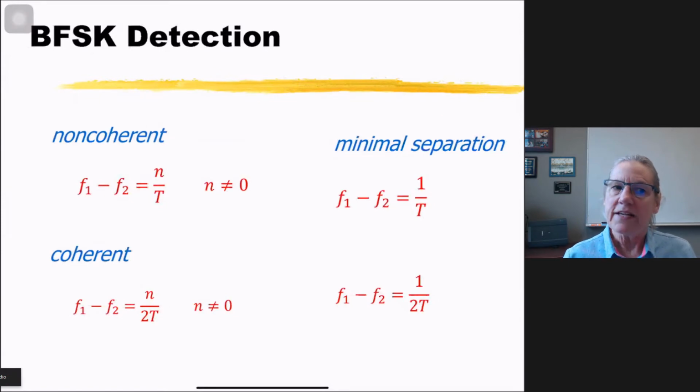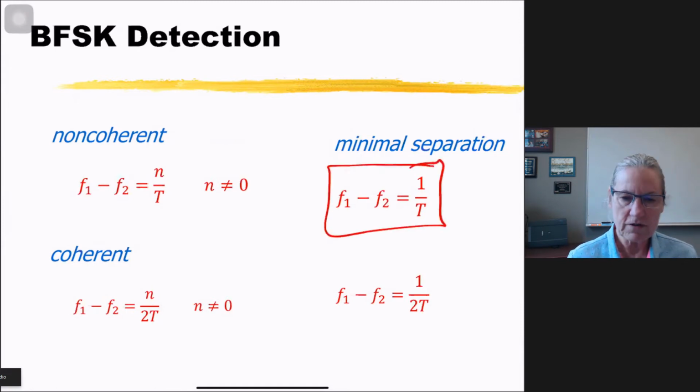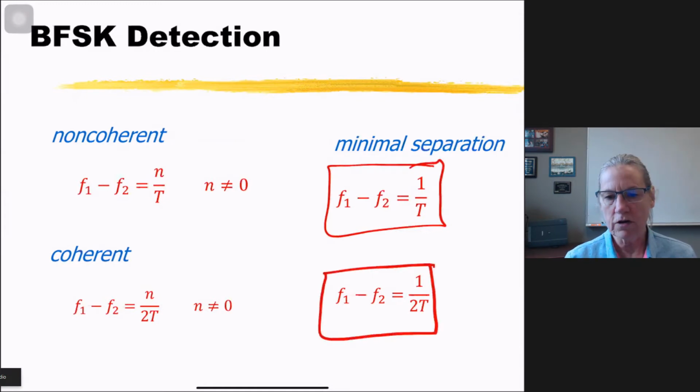So to summarize, for BFSK, binary frequency shift keying detection, we found that for non-coherent detection, the minimal separation is 1 over t. For coherent reception, the minimal separation is 1 over 2t. So right away, I can see one of my trade-offs. I can be more spectrally efficient because the separation could be half as much.